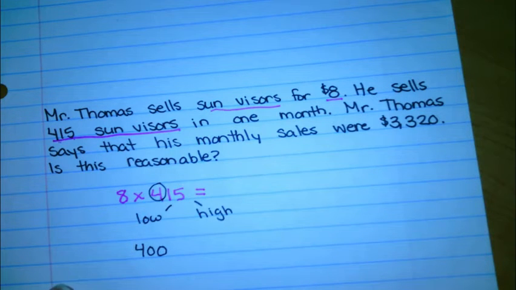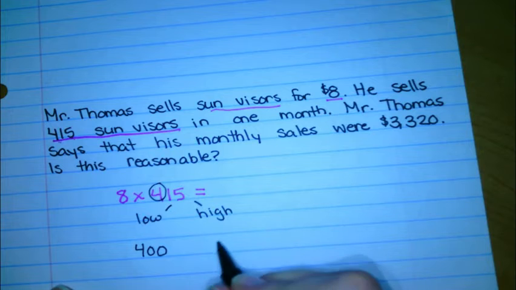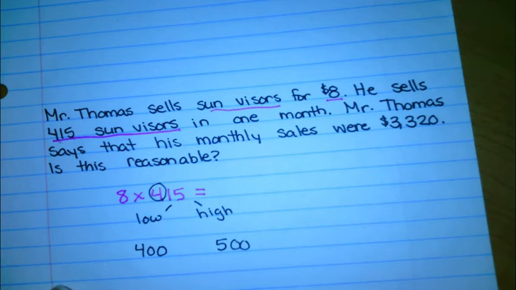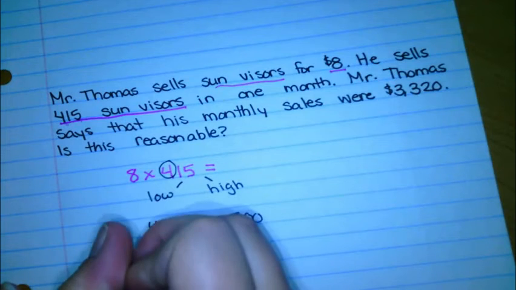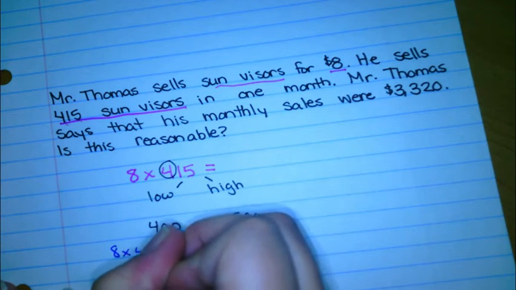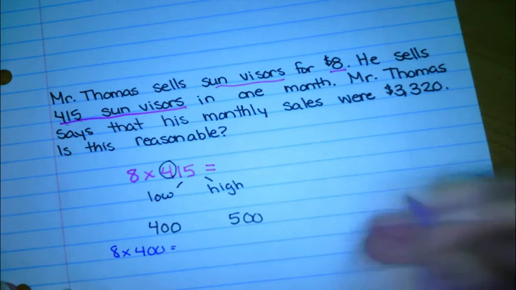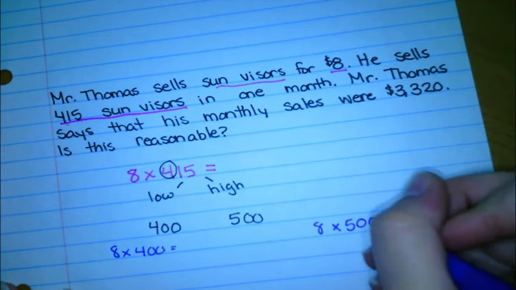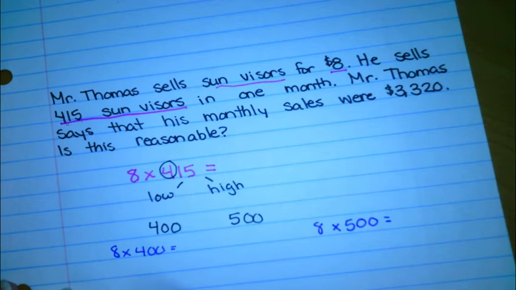And then if it keeps going, what's the next one it hits? That's going to be 500. So we're going to find a low and a high. So we'll do 8 times 400 and 8 times 500. And if his answer is reasonable, it's going to be in between my lowest answer and my highest answer.